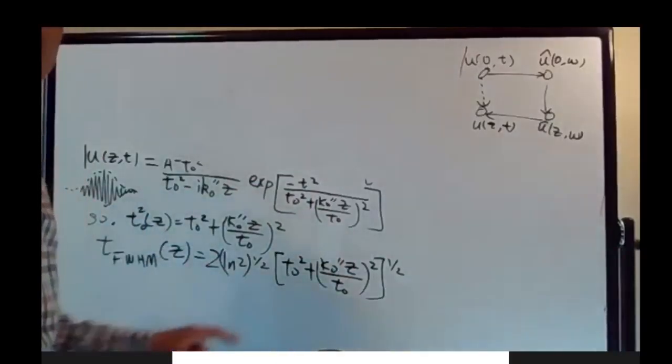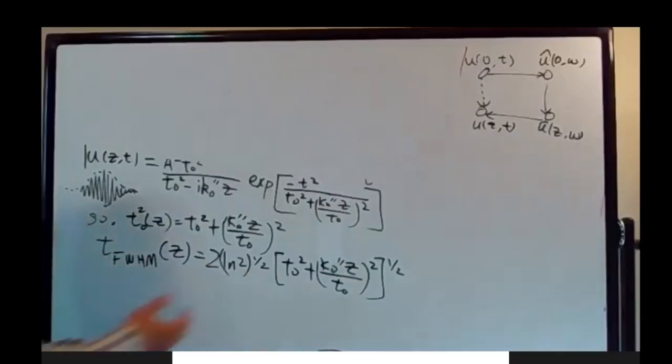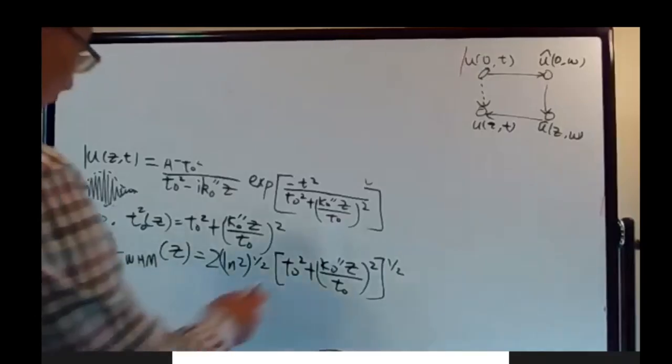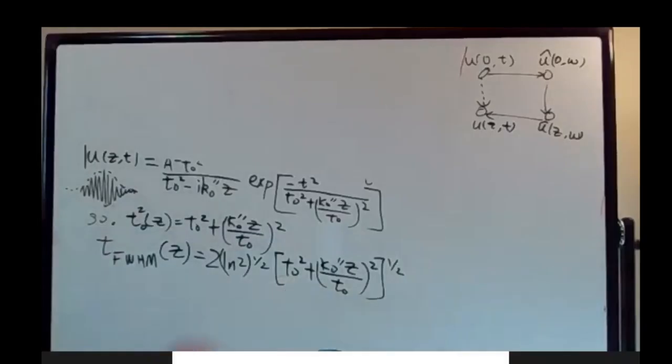Remember, this is the factor we did on converting, with an exponential function, on how to find the full wave half maximum. So let's remove this T naught squared.